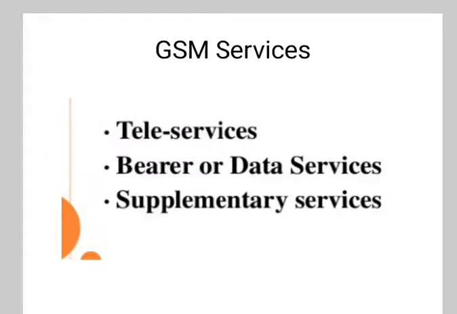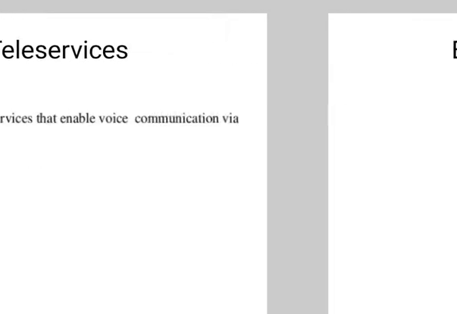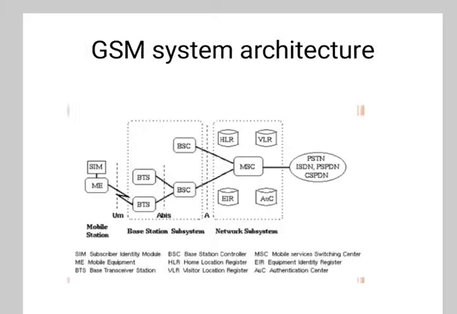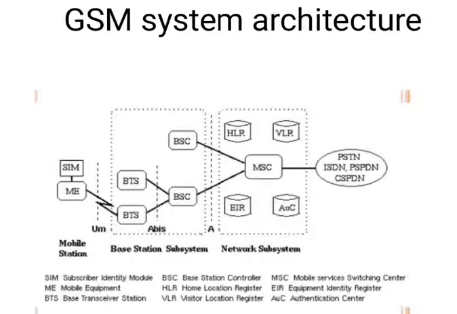So we have already seen these GSM services. The GSM system architecture. This diagram shows the GSM system architecture, that is it consists of mobile station, base station subsystem and network switching subsystem.